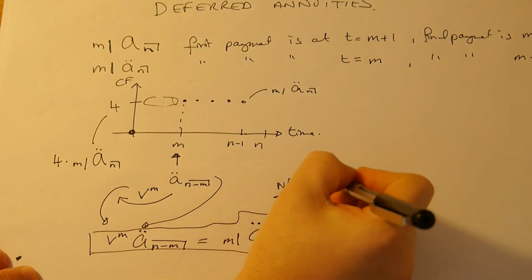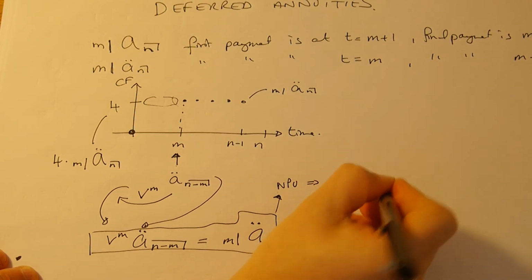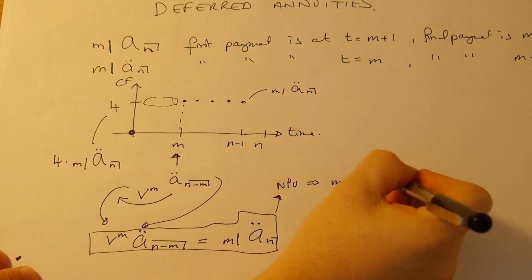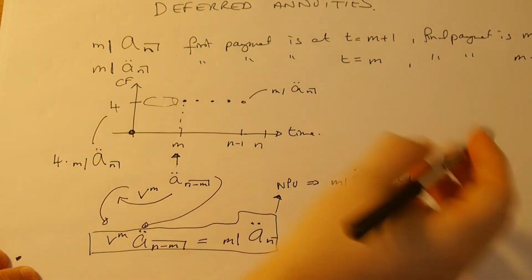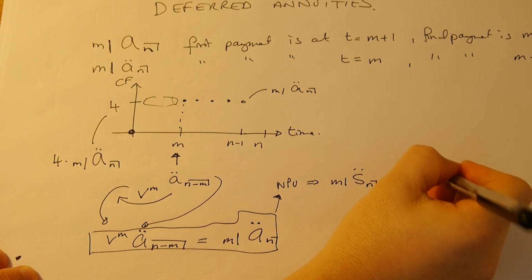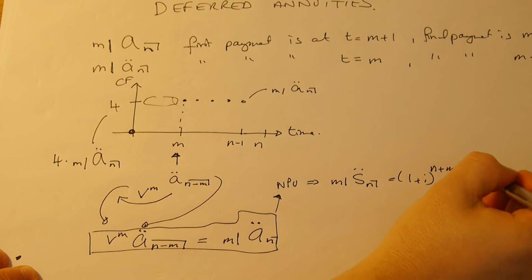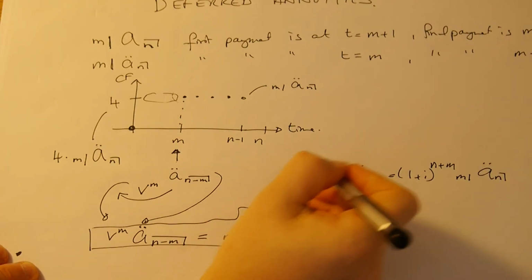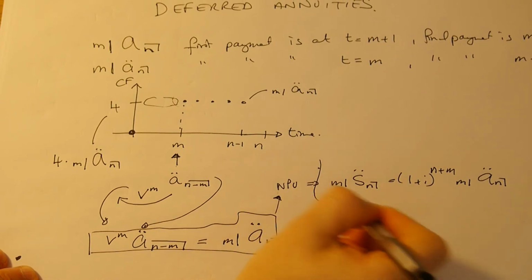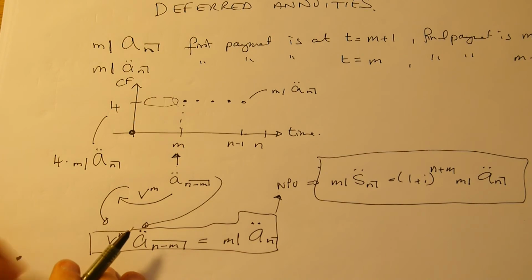This implies that we can go and calculate the equivalent S. And that equals 1 plus i to the power of the whole period. So we're going to go n plus m, and then we multiply that by our annuity, which we've already calculated. So there we go. So you can start to see once again how we can play through time with these things.